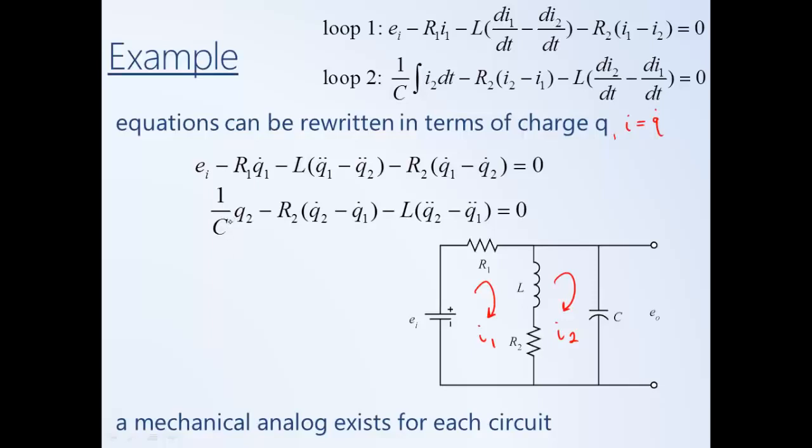Capacitance, or capacitors, store potential energy like a spring. So 1 over C is similar to a spring constant, or the stiffness in a mechanical system. Voltage is like a force in a mechanical system, and charge is like a mechanical displacement, meaning current is like a velocity.